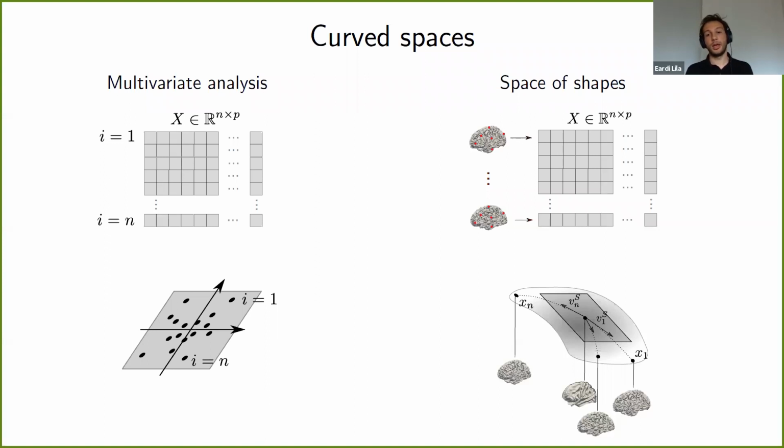So why do I care about modeling this subspace, this geometrical subspace where brains live? Well, because if I want to do prediction, for instance, I would like to do prediction with physiologically valid brains, so not predict something that lives outside this space. It's really like a logistic regression, as I like to say, where you constrain your output to be a probability, so something from 0 to 1.